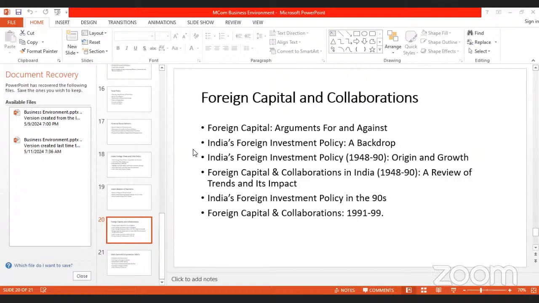Now, the next thing to be covered is foreign capital and collaboration in India, 1948 to 1990. In this era, what were the trends which were seen? The first one was selective entry.